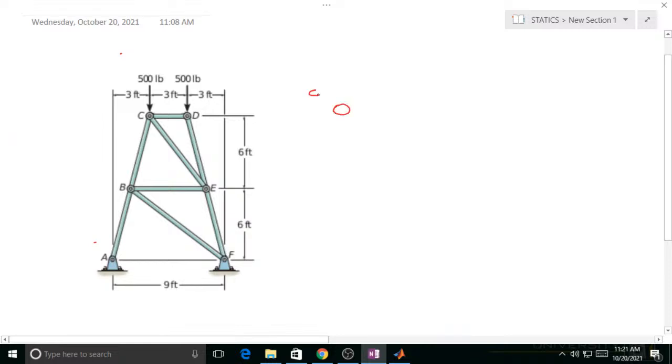Here's the C. I've got 500 going down. I've got something going like this. Now this angle is the same over here as here because it's still 12 down and 3 across, but it's a different number. It's CB or BC, whatever. Then I have another one, and I'm just guessing the directions.